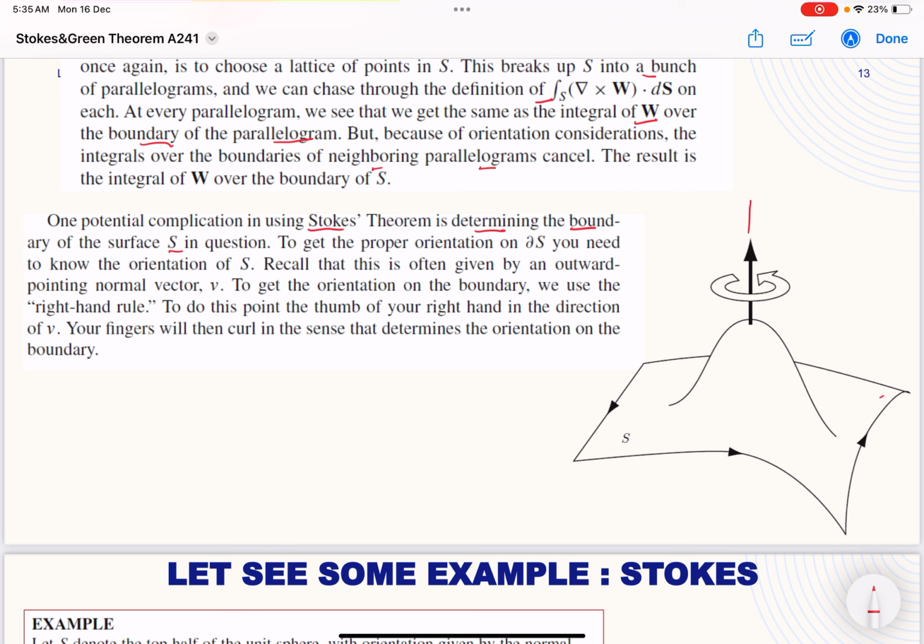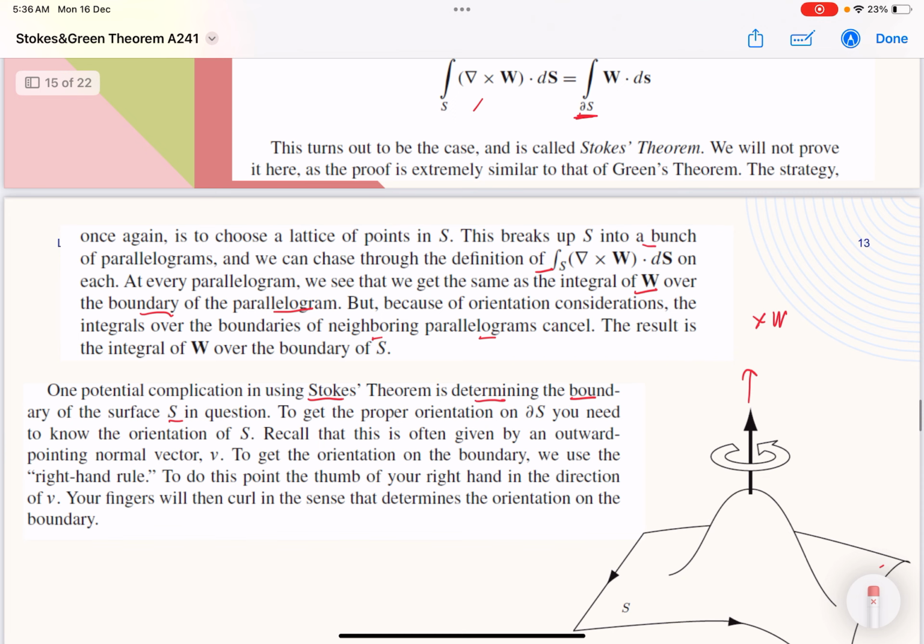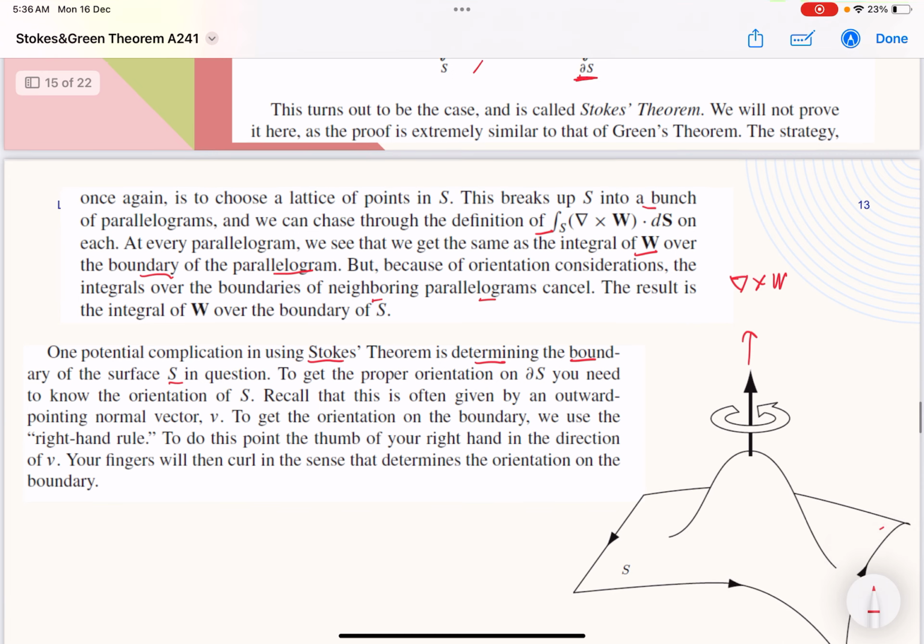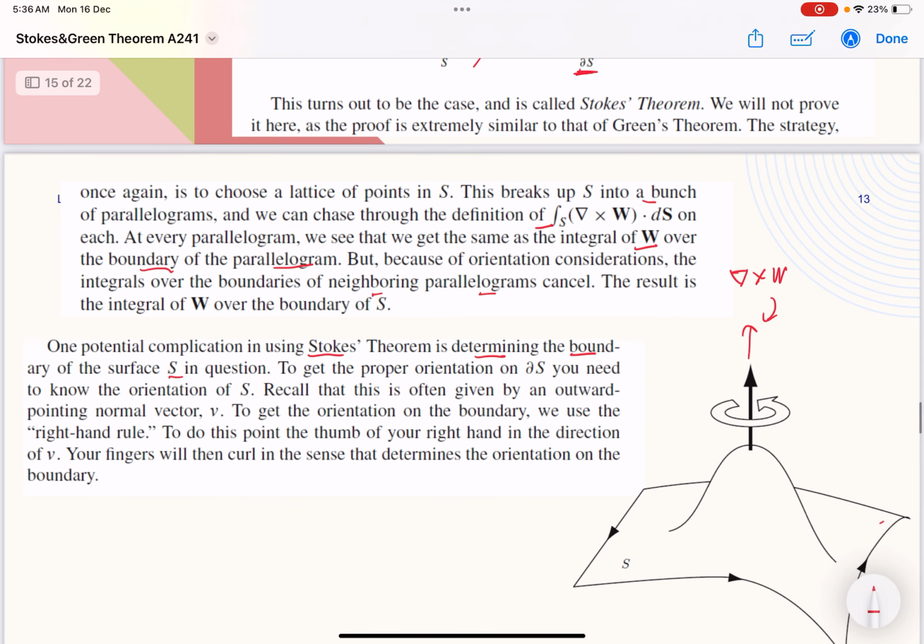So you have a normal vector, which is the cross product of nabla with W. That will give you another vector field with another orientation, which is a normal vector field over the domain of the surface.